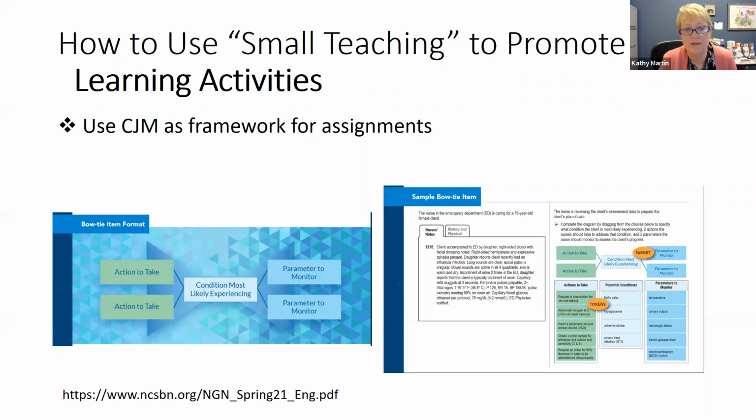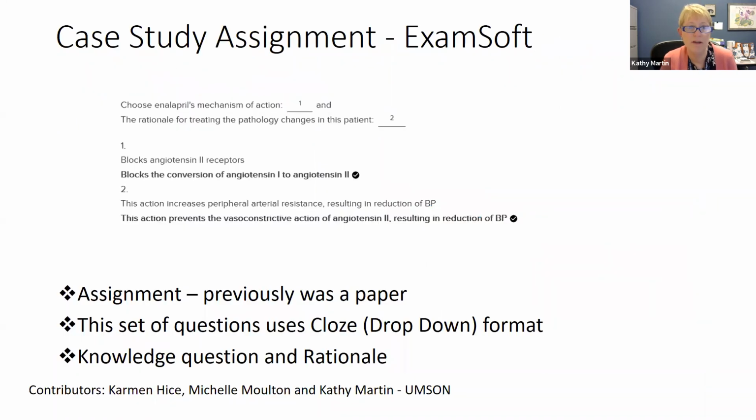This assignment we call our case study assignment. It was a paper. So recalling that I teach pathopharmacology, this assignment was a very long paper. It was 12 to 15 pages.